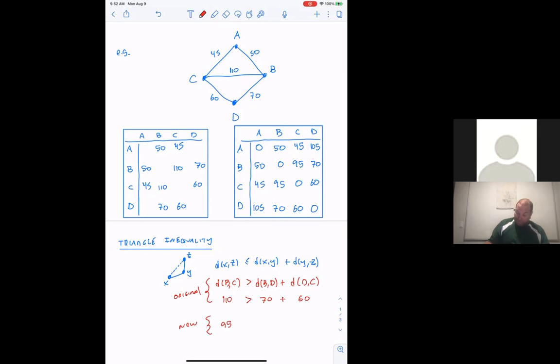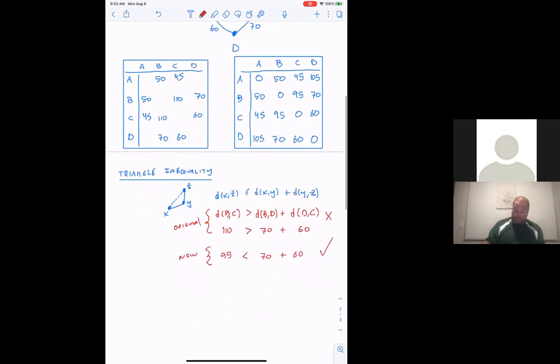The distance from B to D least weight-wise is 70. And the distance from D to C least weight-wise is 60 again. And now it does satisfy the triangle inequality. So tables of least weights do, and original ones may or may not. In this case, it does not.